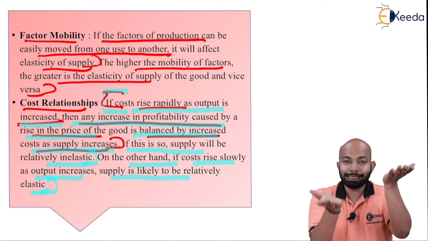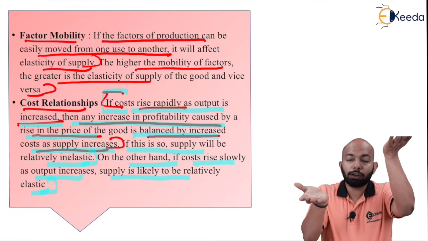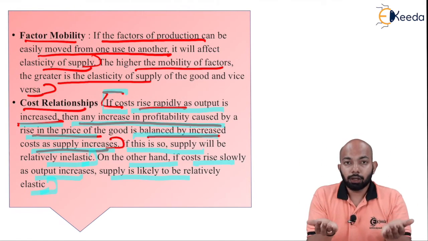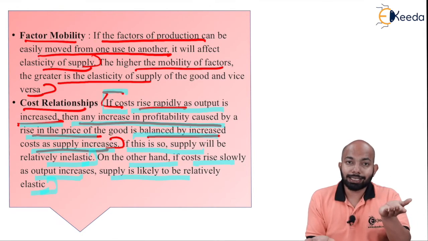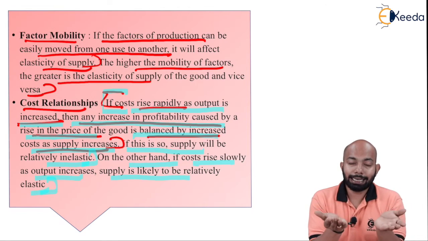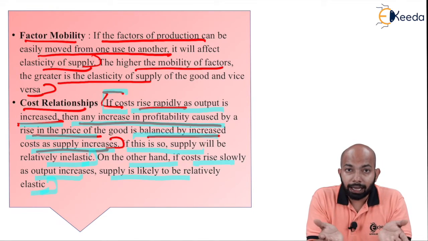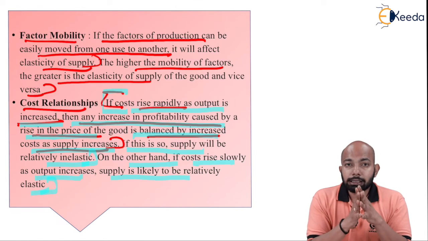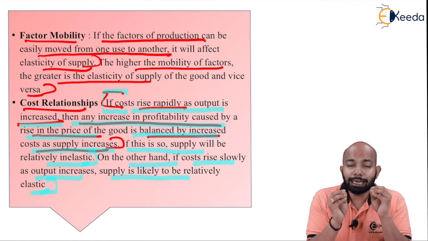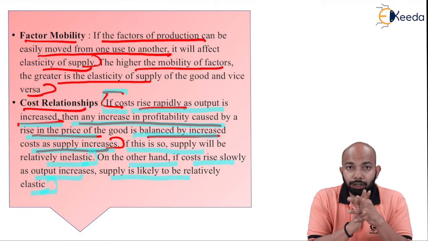Then with the increase in supply, my cost is also increasing, so I have to increase the price accordingly. Hence in that case, the elasticity of supply can be said to be elastic supply here. That is what you need to understand.